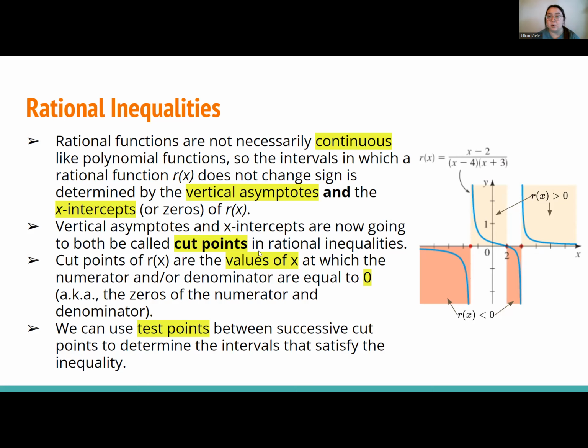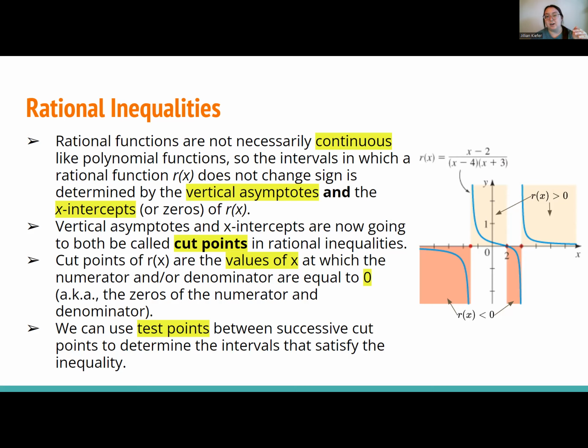So your cut points, which are a combination of the two, of r of x, your rational function, are the values of x at which the numerator and/or the denominator are equal to 0. The zeros come from the numerator, and the values of x where your denominator is equal to 0 give the vertical asymptotes. So it's the same process, but with each of the numerator and the denominator finding separate things.